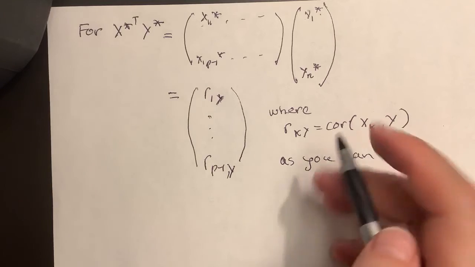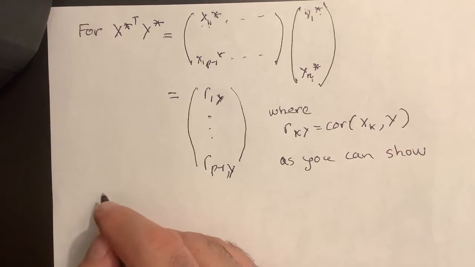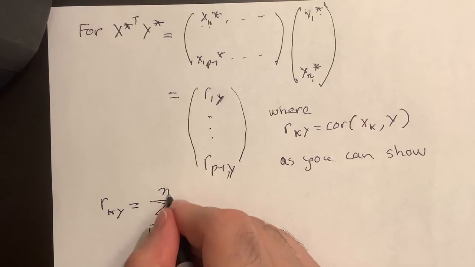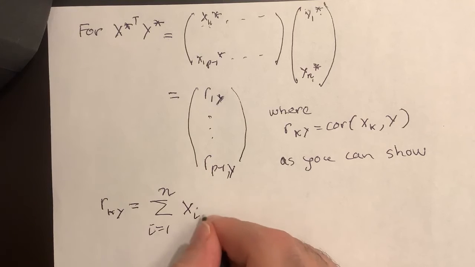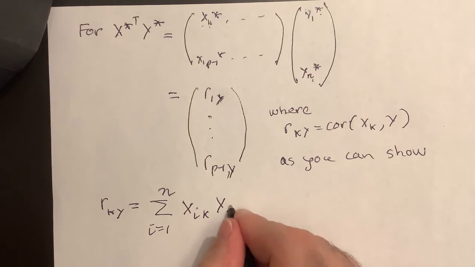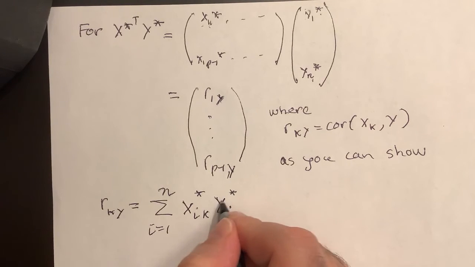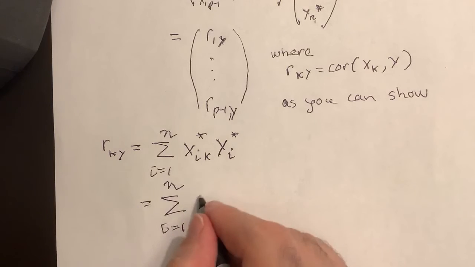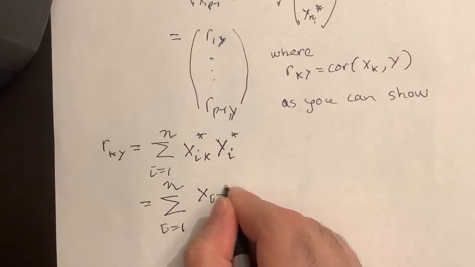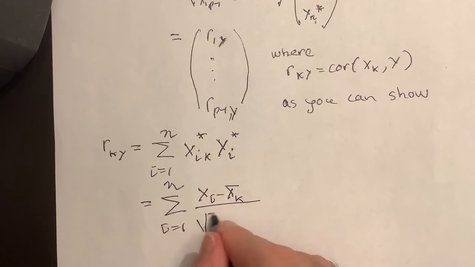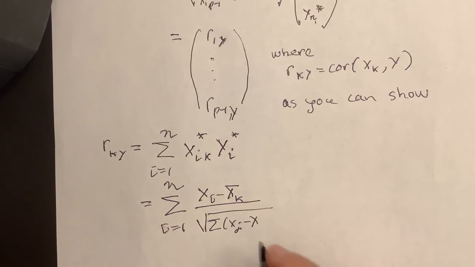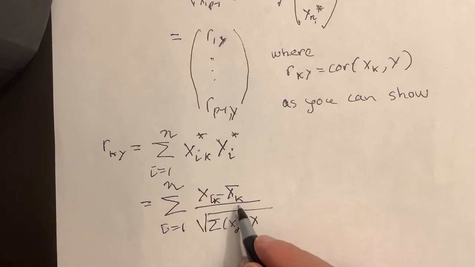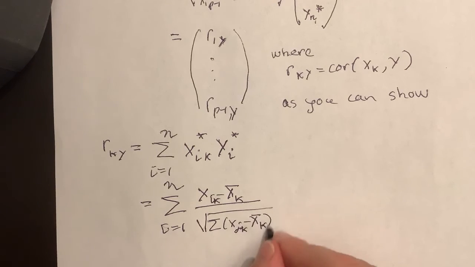All right, and for the exact same reason, for example, r_ky is equal to the sum i equals 1 to n of x_ik star y_i star, which is equal to the summation, and now I substitute in: x_ik minus x bar k over the square root of the sum of x_jk minus x bar k squared, and so on.